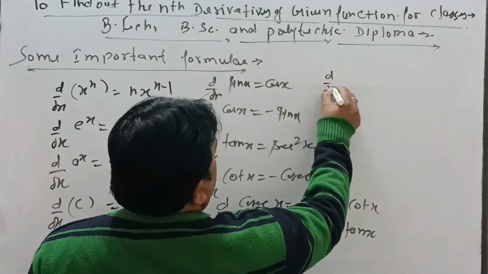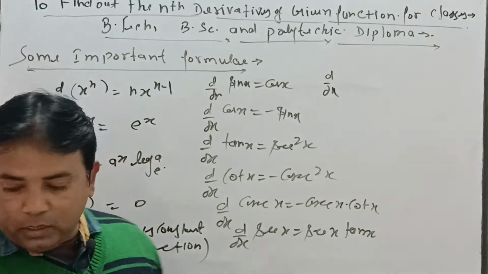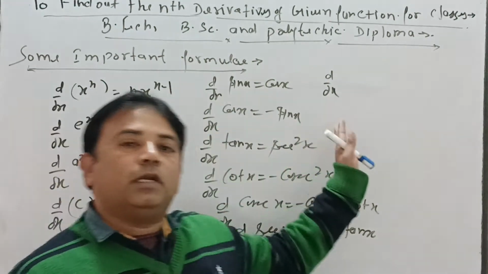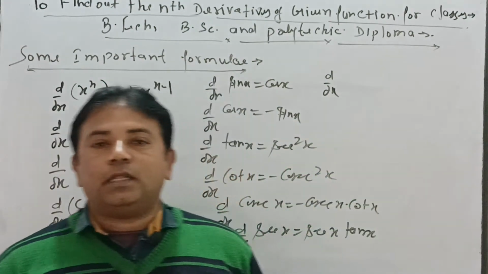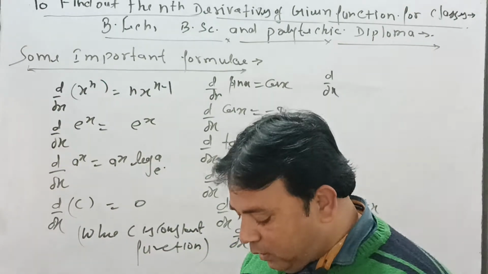After that we discuss the formula for the derivative of the product of two functions. Given the product of two functions, first you find the derivative, and then you find the nth derivative of the given function.